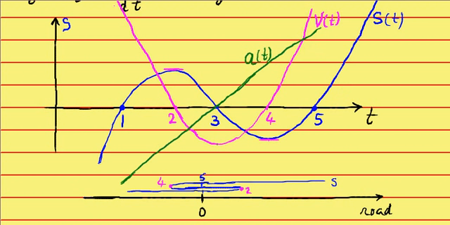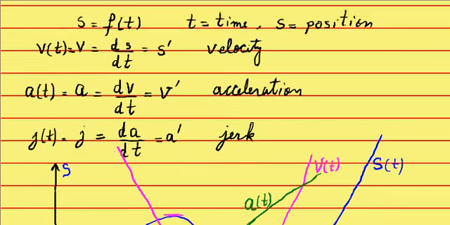Okay, the next item that we are going to take a look at is the notation. Let me go up here and describe the notation here. We said S is the position, V is the velocity.